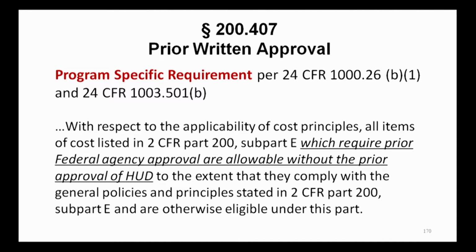The clause where HUD is granting us, for all of the items that do require prior approval, we are granted that prior approval through this language with those exceptions that we discussed. Any questions on that? Is that good? Okay.